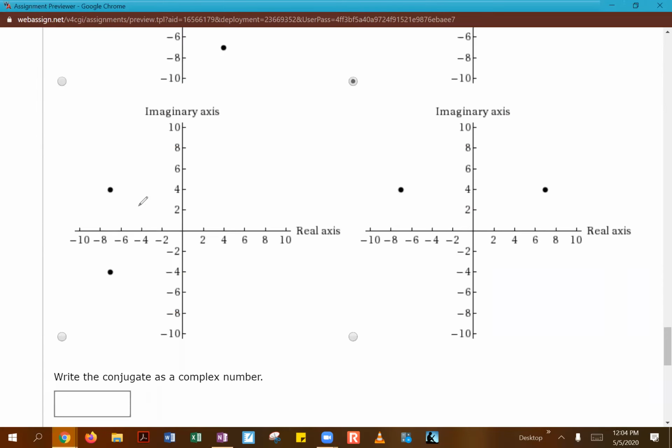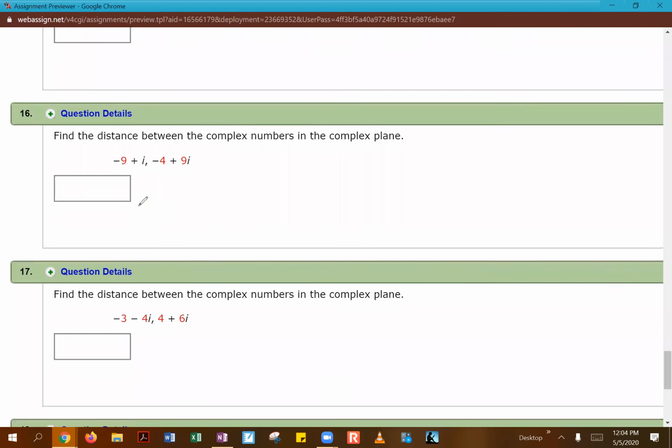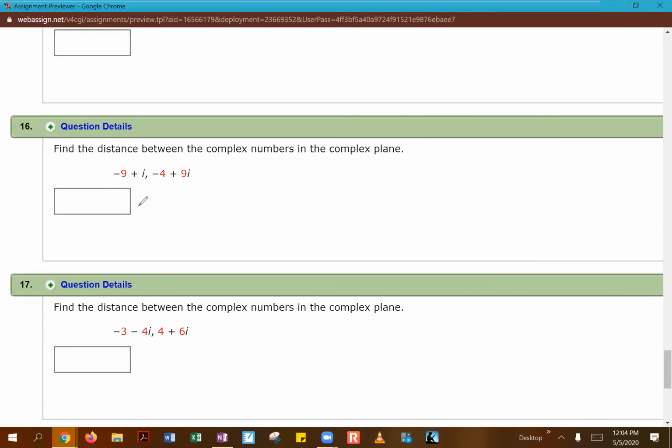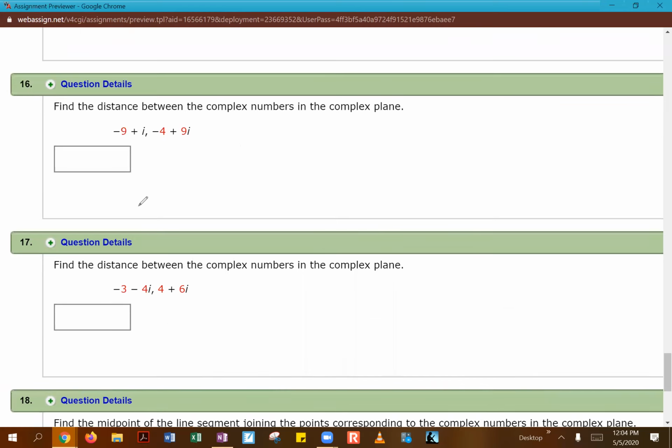Now let's look at the distance formula. Okay, let's do number 16. Distance formula is s minus a. So negative 4 minus negative 9, and these are squared. Yeah.